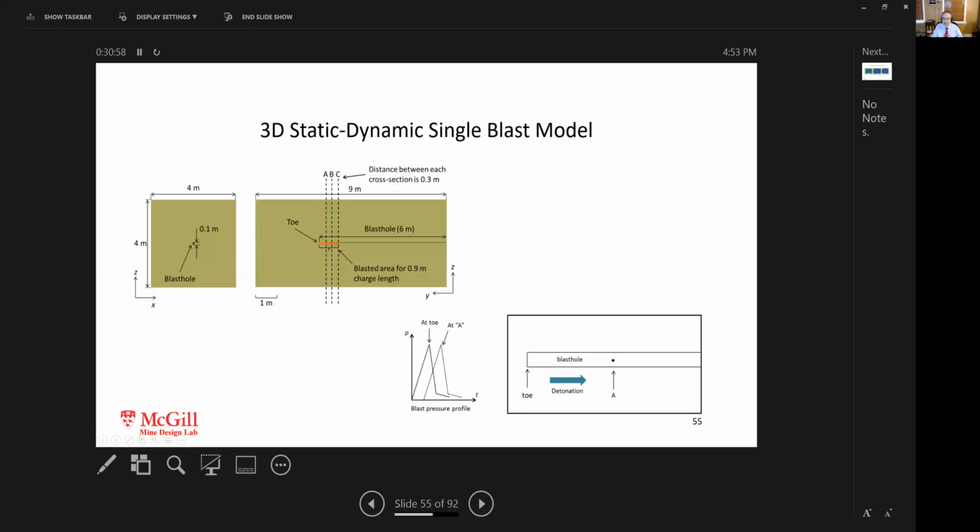So what you see here is a detail of the single blast hole 3D static dynamic model, whereby the blast hole is 6 meters and we only loaded 0.9 meter of explosives, and this is the blast pressure profile.